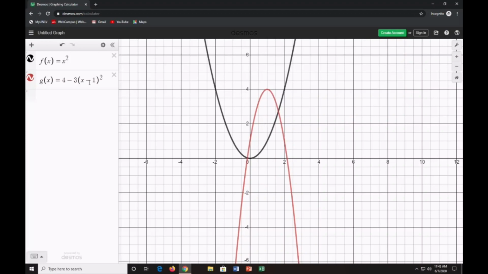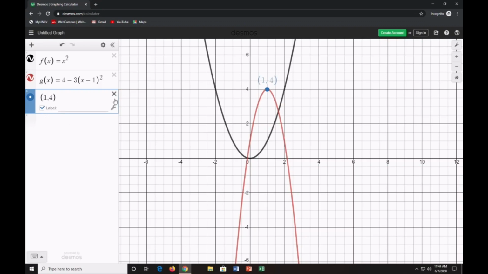And then take a look at the 1 unit movement to the right. Because of this minus 1, we have 1 unit movement to the right. So 0 to 2, and this vertex moved halfway in between, so it's at 1. And there was a 4 unit movement up, so if I snap a point to it, it'll be 1, 4. Oops, my parentheses right there. And let's label it, so that's 1, 4.